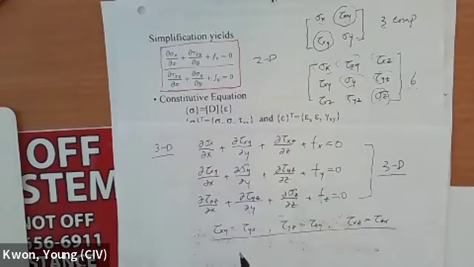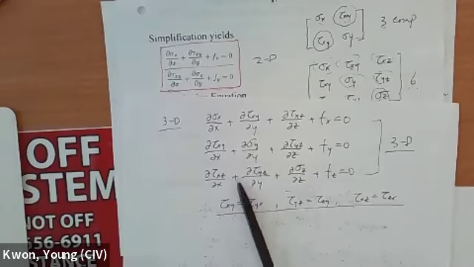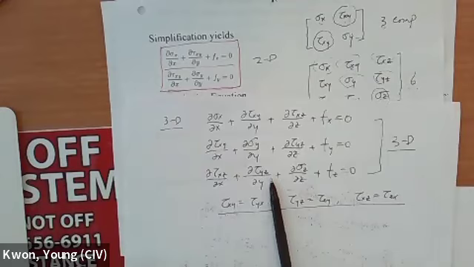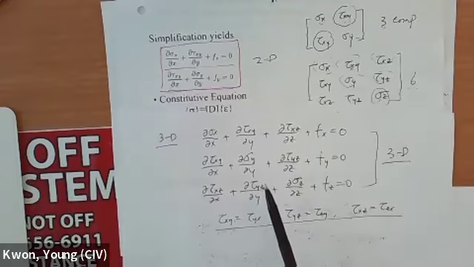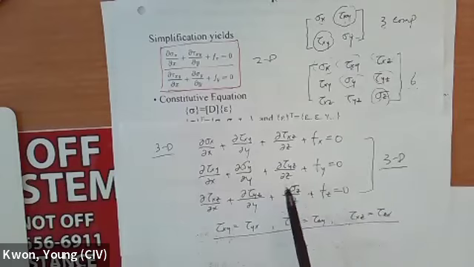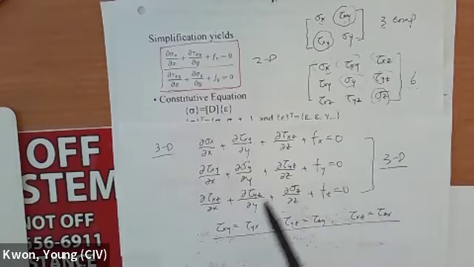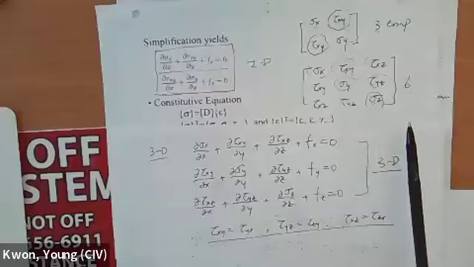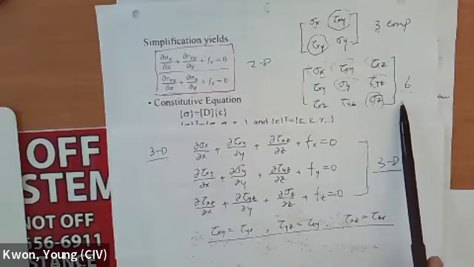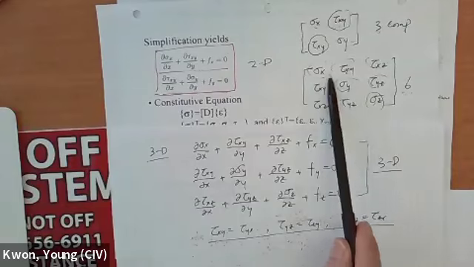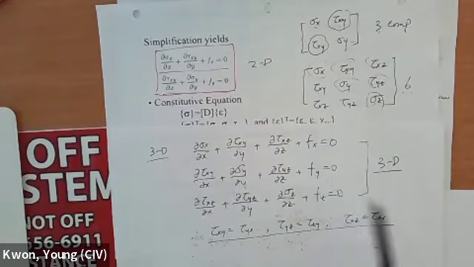But if you go to 3D, how many equations? 1, 2, 3, right? Three equations. How many unknowns? Six unknowns, right? Six components because of symmetry.